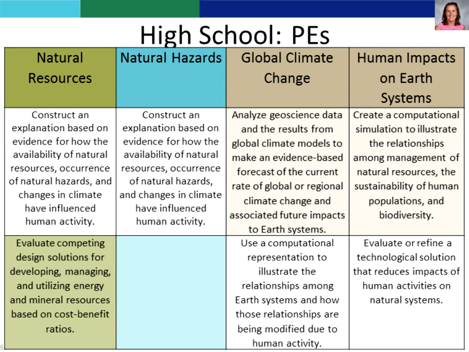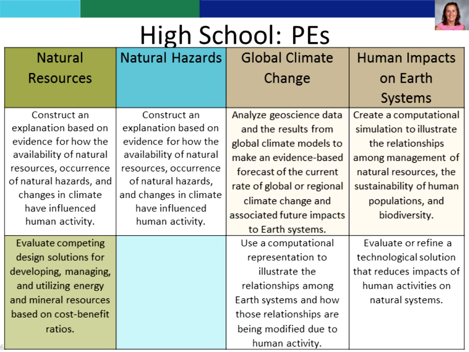Okay, so moving forward and taking a quick look at the specific performance expectations at the high school level. The elementary and middle school levels had action words like generate and compare solutions, make claims, ask questions, obtain information, start to communicate some possible solutions, starting to analyze and interpret data, making some predictions.